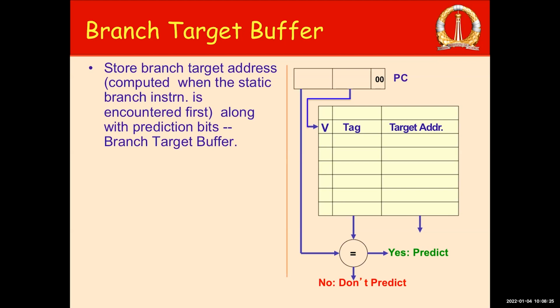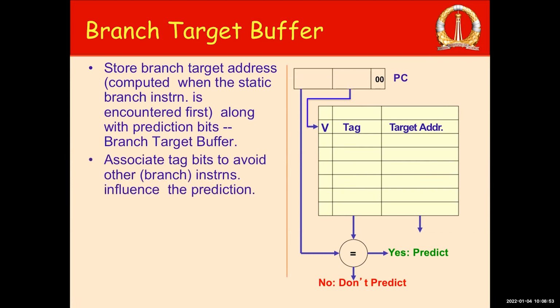You know it even at the time of the instruction fetch stage, and you can find out what the target location could be. And the branch prediction buffer could tell you whether this branch is going to be taken or not taken. Therefore, in the next cycle, you can do instruction fetch from the predicted location, whether it is the target location or the next instruction. This is how branch prediction works.